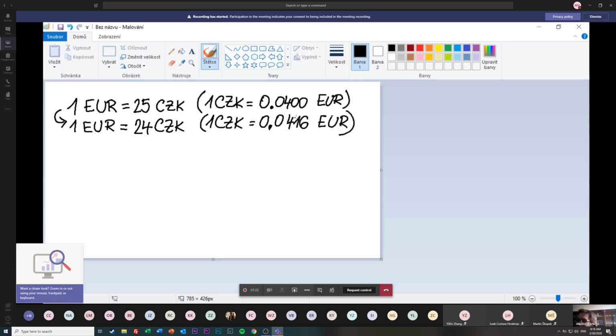You can see, if you compare both lines in the bracket, that's the reason why I am writing it also in this form. You can see from the first bracket to the second bracket that the Czech crown appreciated. Czech crown is now more expensive.